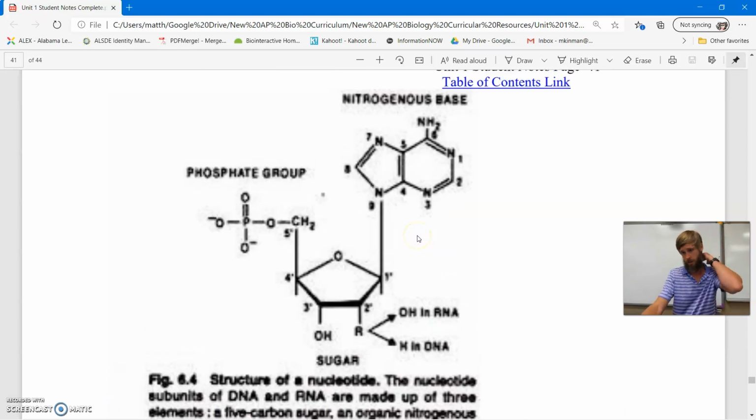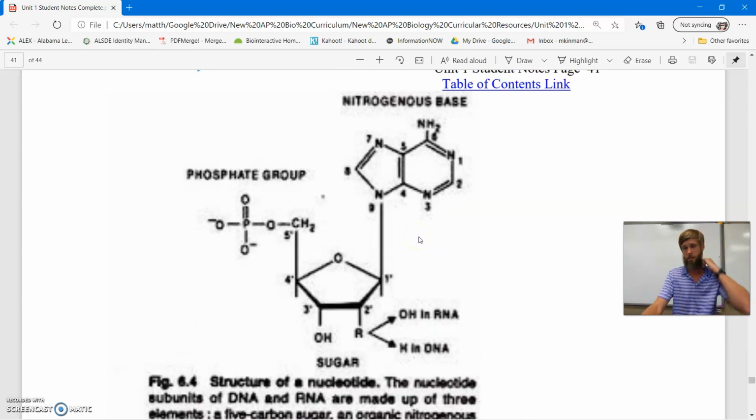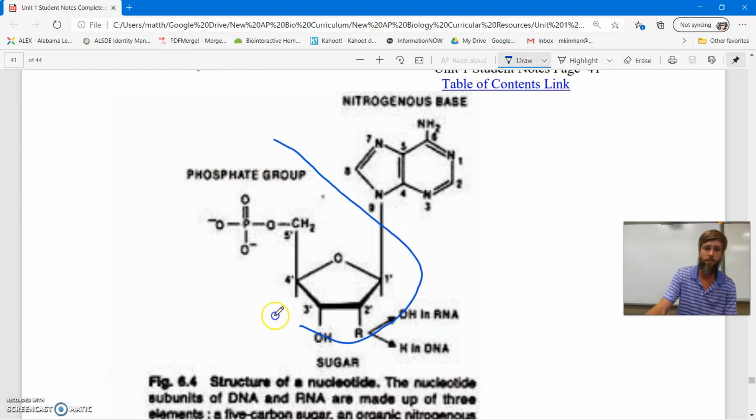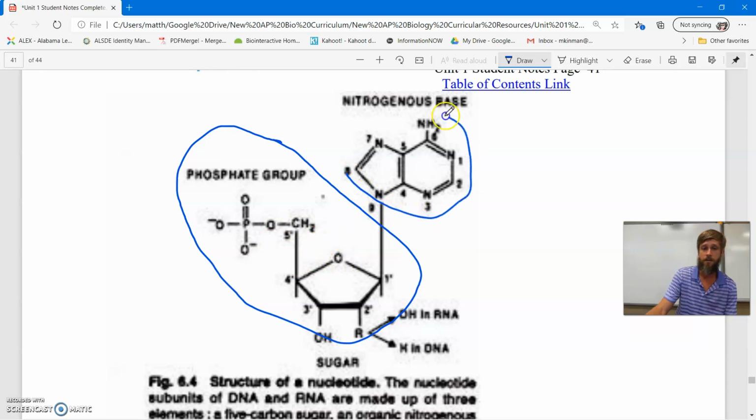So just like when we talked about steroids, when we talked about amino acids, the base structure, this is what I mean by the base structure. For every nucleotide, this stays the same. And then this is what you change. All right, so how many different nucleotides do we have? Well, we can have an adenine here, a thymine, a cytosine, or a guanine. So where in the world did I get that from?